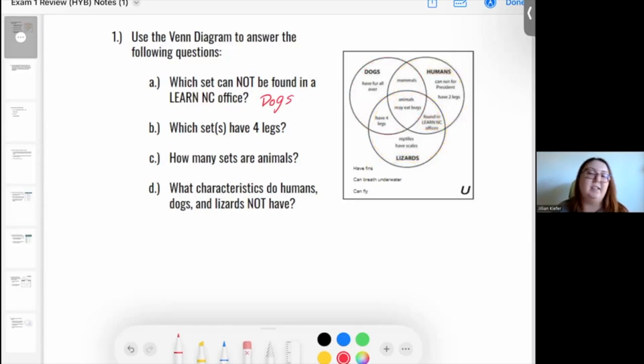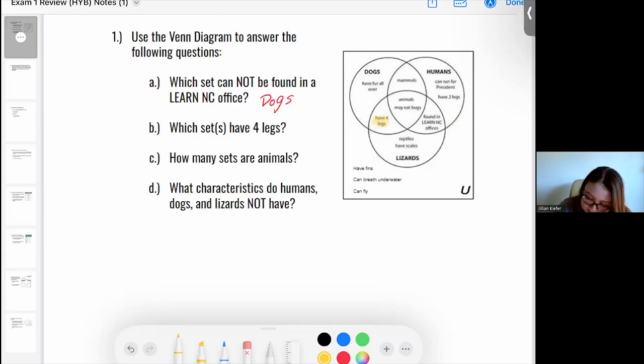Then we have which sets have 4 legs. Probably just figured this out from the get-go, but we do see that there is an attribute in there for has 4 legs. It is found right here. So we say, what sets have 4 legs? Well, it's going to be in the 2 sets that contain that attribute.